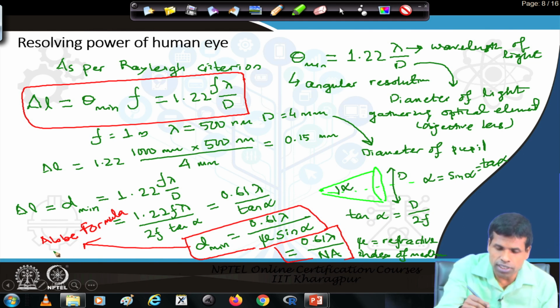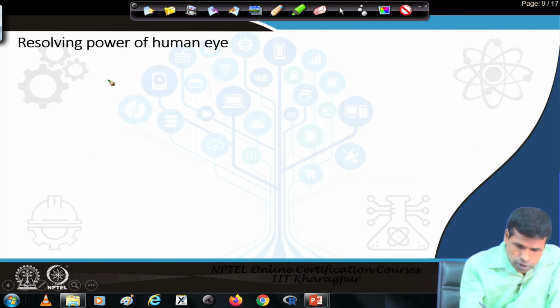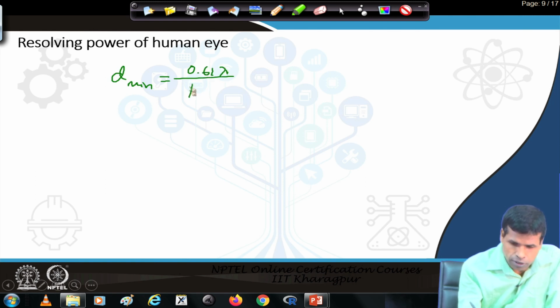So, let me clear this. We had got the formula, d minimum is equal to 0.61 lambda divided by mu sin alpha.